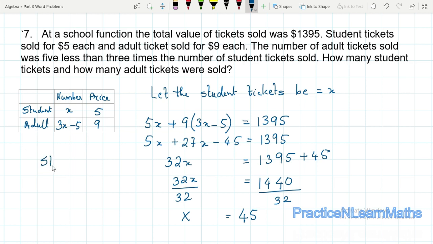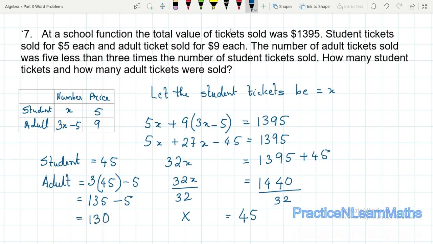So the number of student tickets is equal to 45 and the number of adult tickets is 3 times 45 minus 5, which is 135 minus 5, equal to 130. So these are the answers.